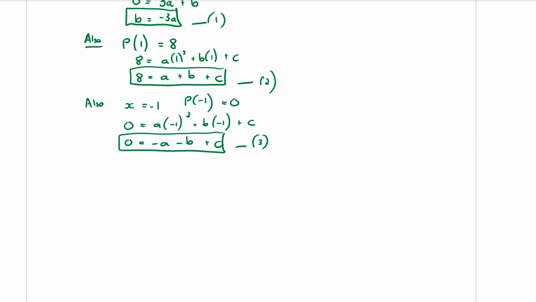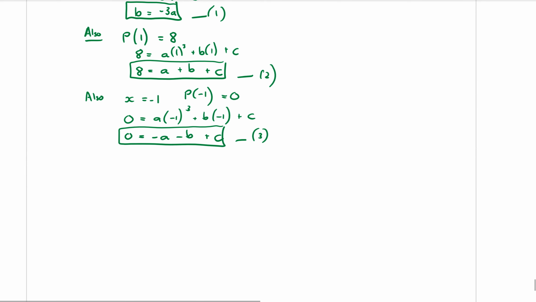So we have equation 1 there that is just in terms of a and b. So if I sub equation 1 into equation 2, let's start with that. Sub 1 into 2.